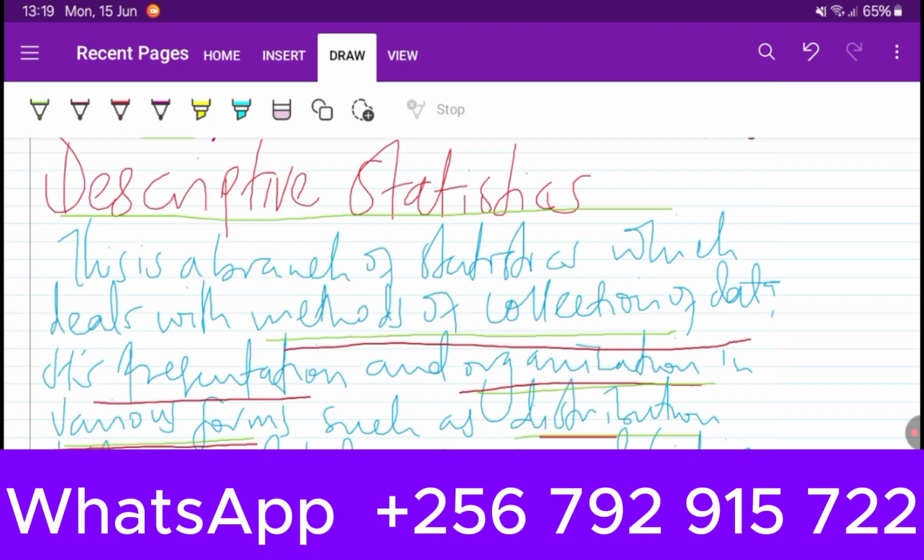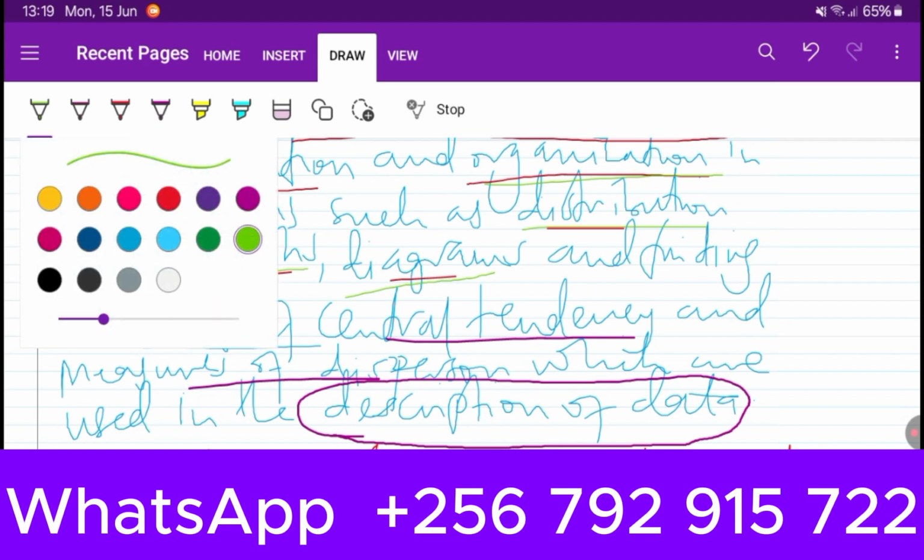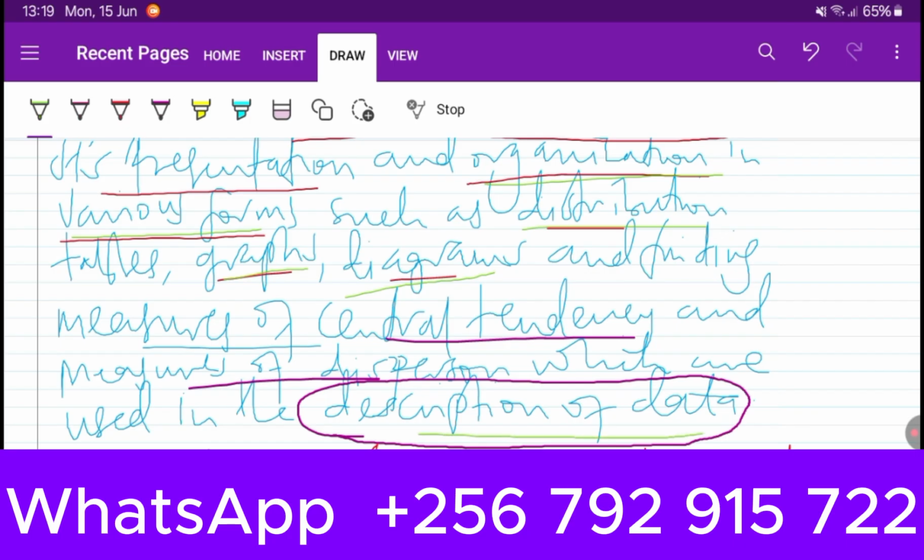and also it looks at finding the measure of central tendency and measure of dispersion or spread, which are used in description of data. So the main key thing here is the description of data.